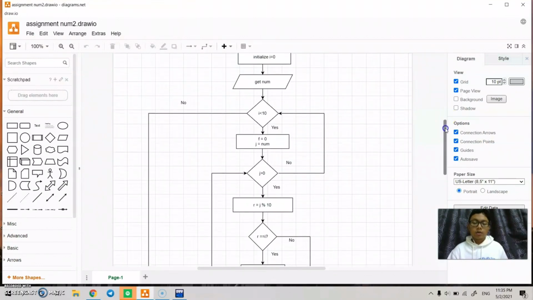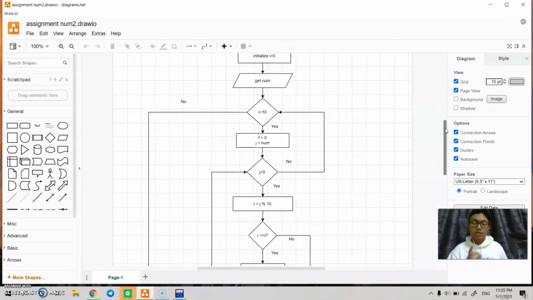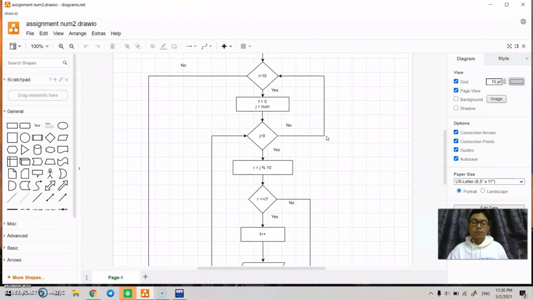So we initialize f, which is the frequency, as 0, and j, which we ensure is the same as the user's input. We don't want to make it confused, so we replace it with j. j must be more than 0 in order to calculate the frequency of the digit that we want to see. That was the input of the user.